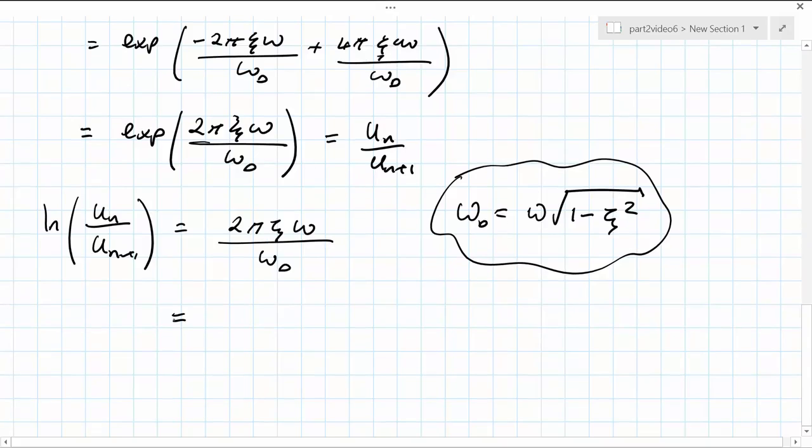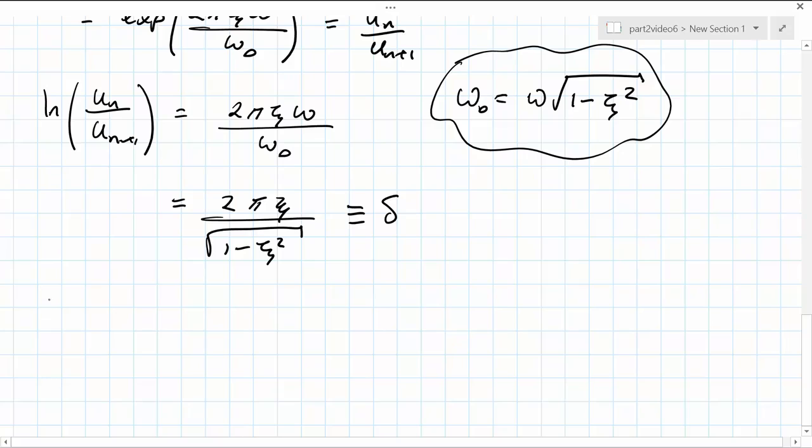So we can then say that this logarithm is equal to 2 pi times zeta over the square root of 1 minus zeta squared, which we then define as lowercase delta.